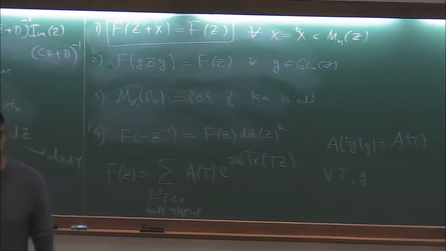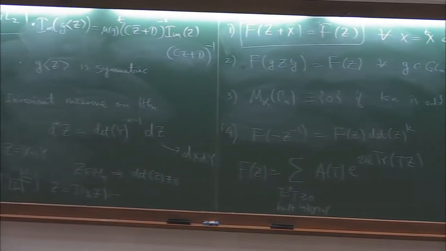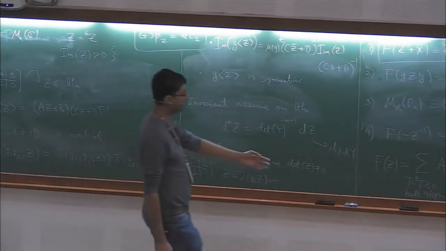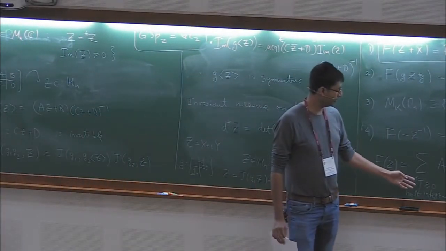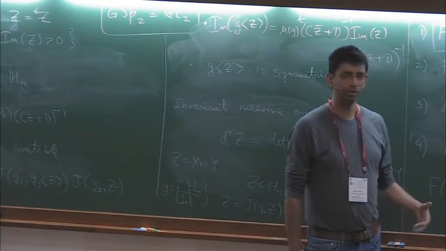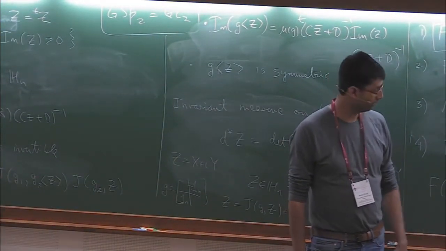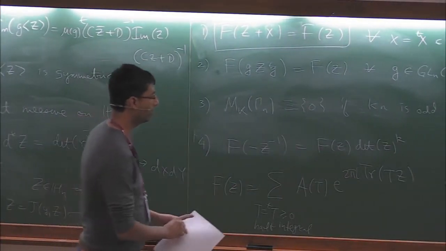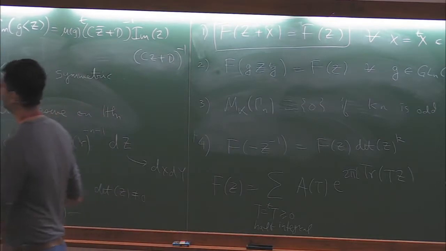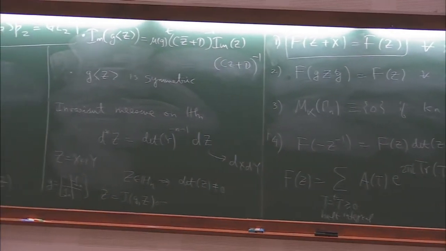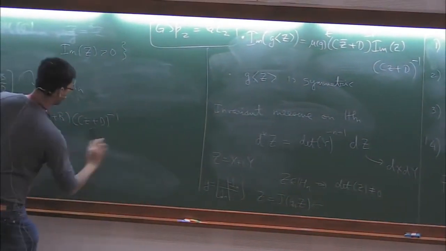Okay, so these are modular forms, and now because the Fourier expansion is complicated like this, there is no easy way to define cusp form. In the elliptic modular form case, we said A of 0 is 0 is a cusp form, but in this case, there are too many things which are not positive definite, and so the intuition for cusp forms comes from the following simple observation.